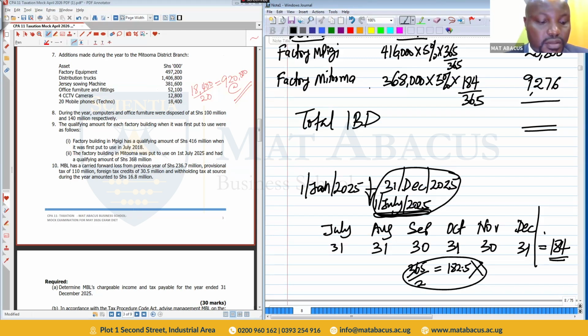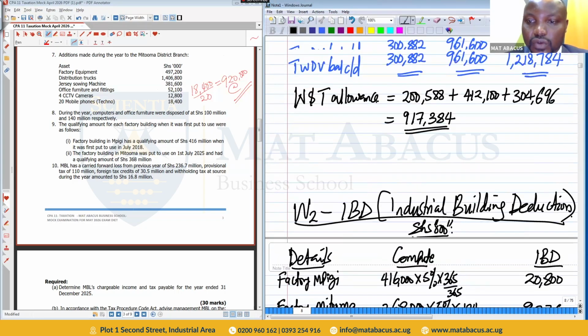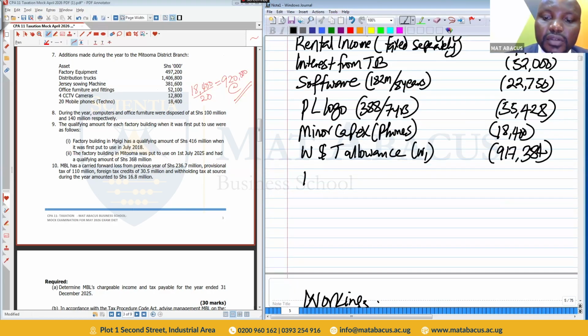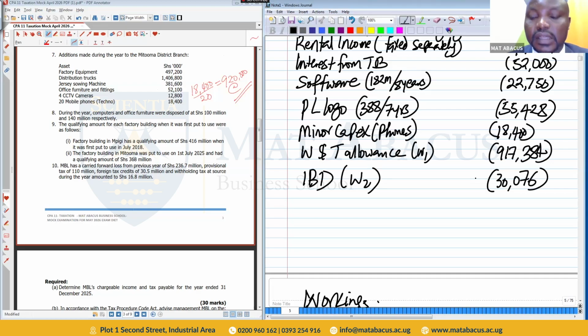Total IBD will be 2,800 plus 9,276, which will give me 30,076. So this will be the figure I am taking in my computation. I'll go to my computation and I will have IBD as in working 2, which is 30,076. As simple as that.